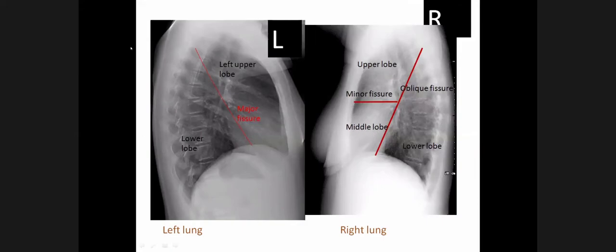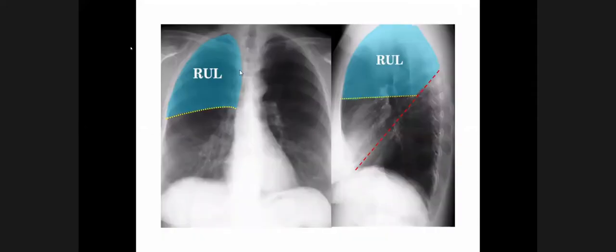So in this one, because the label is on the right, the lobe is in the right lung. You have to decide the side first. This is the right side lobe. To know which lobe, you have to look at the lateral view and the oblique fissure.